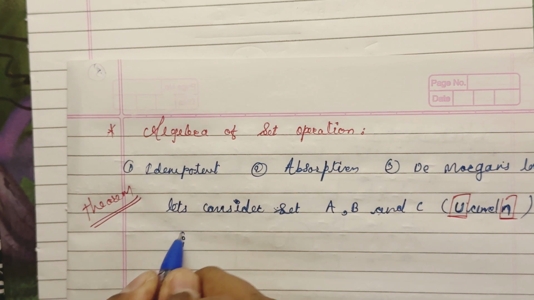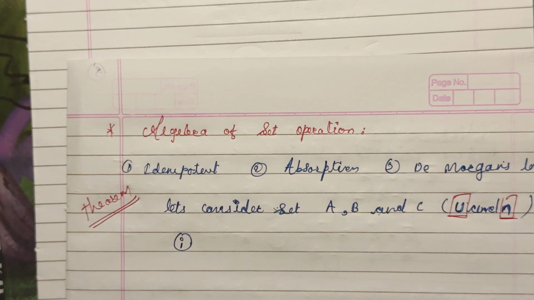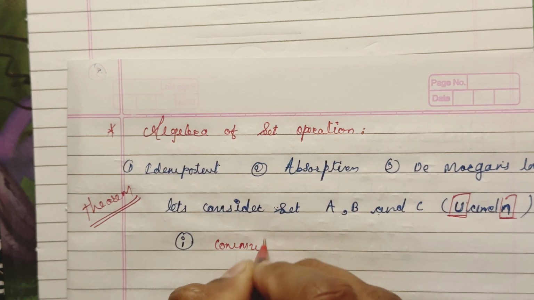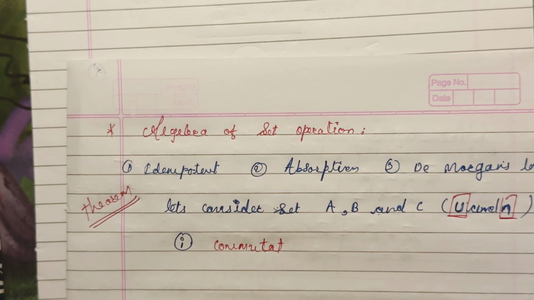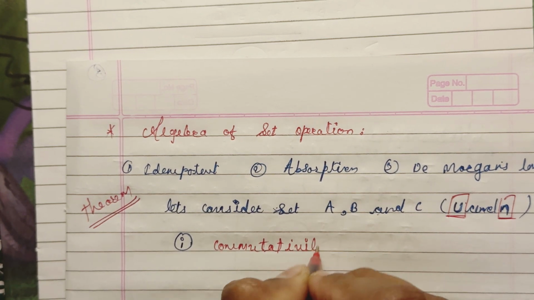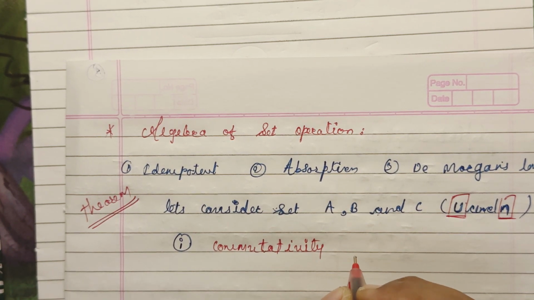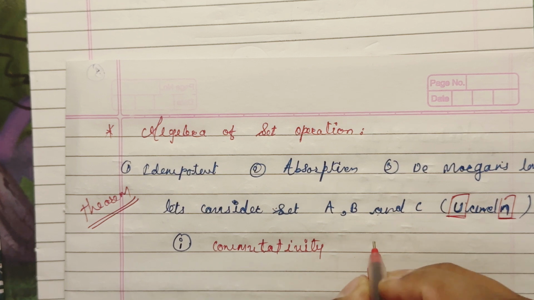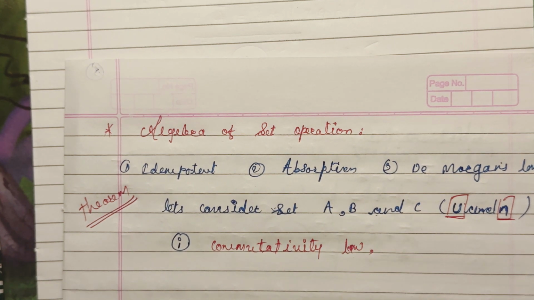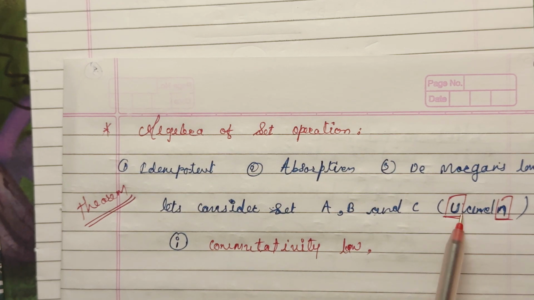So what is the first standard rule that we are familiar with? First we know the commutativity property, the commutativity law. Always remember that we take the commutative property with union and intersection.